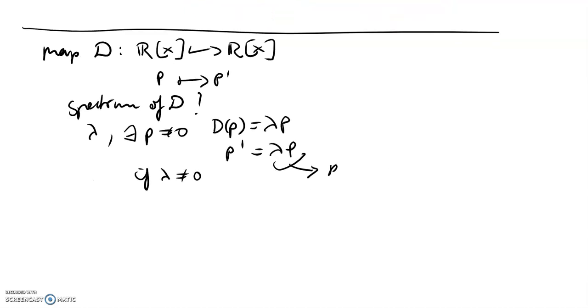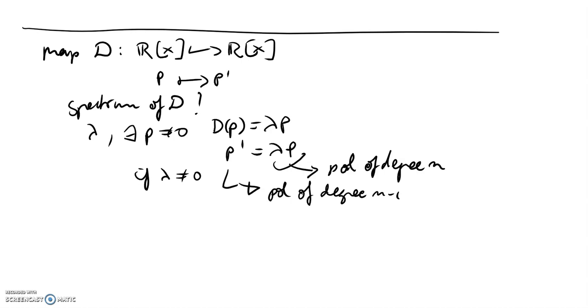If we started with P of degree n, we get a polynomial of degree n on this side, and when we take the derivative, we get a polynomial of degree n minus 1. So there's no way that these two polynomials are equal to each other, so no possibility here. We have no solution to this kind of thing.